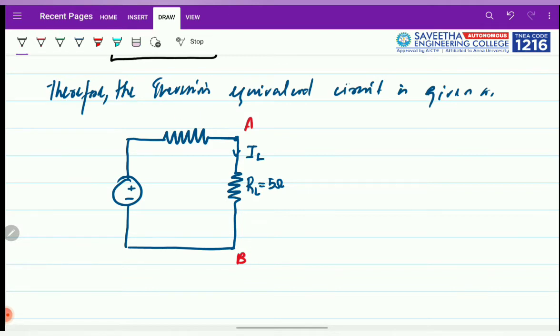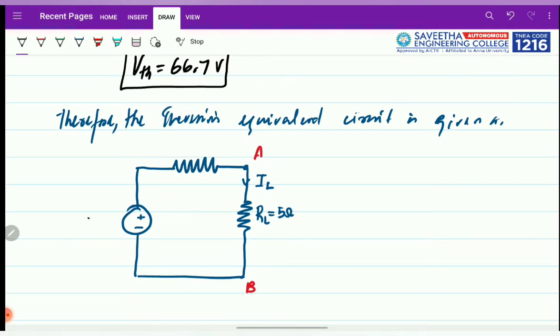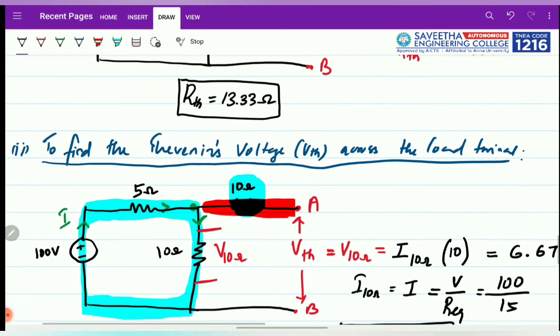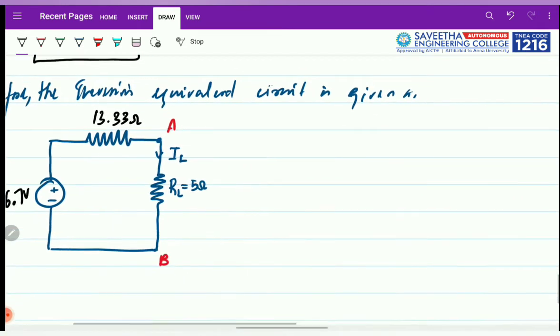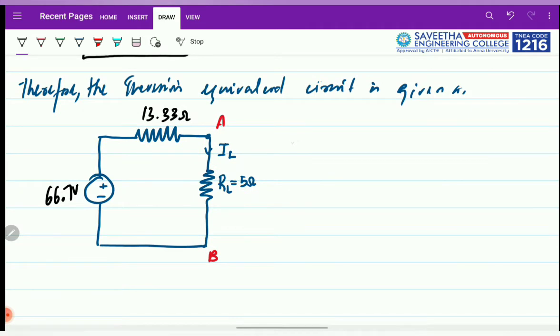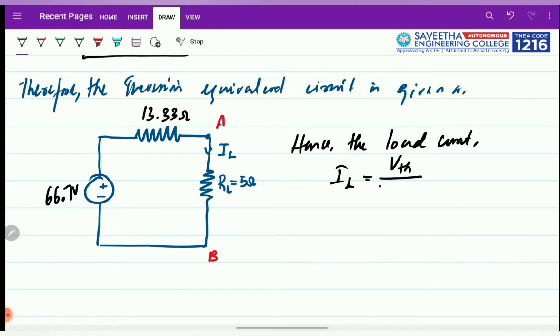Okay, the value of the voltage is 66.7 volt. The resistance is 13.33 ohms, and we have this. So from here, hence the load current, which is IL, is given as the total voltage we have here, VTH divided by RTH plus RL, right?